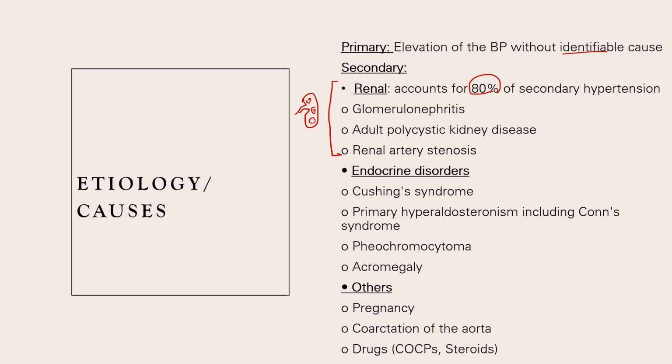Conditions like glomerulonephritis, adult polycystic kidney disease, and renal artery stenosis can lead to raised blood pressure. Endocrine disorders like Cushing syndrome, Conn syndrome, pheochromocytoma, and acromegaly can also contribute to raised blood pressure. Others like pregnancy, coarctation of aorta, combined oral contraceptive pills, and steroids can also lead to raised blood pressure.